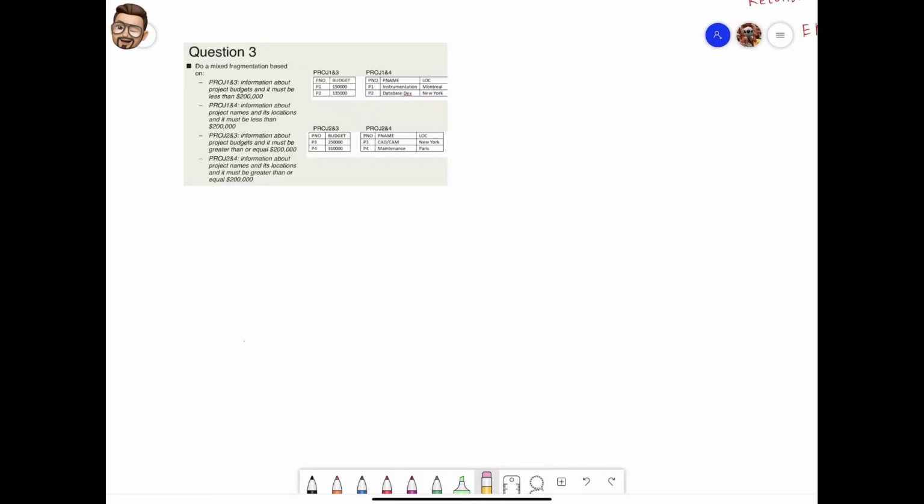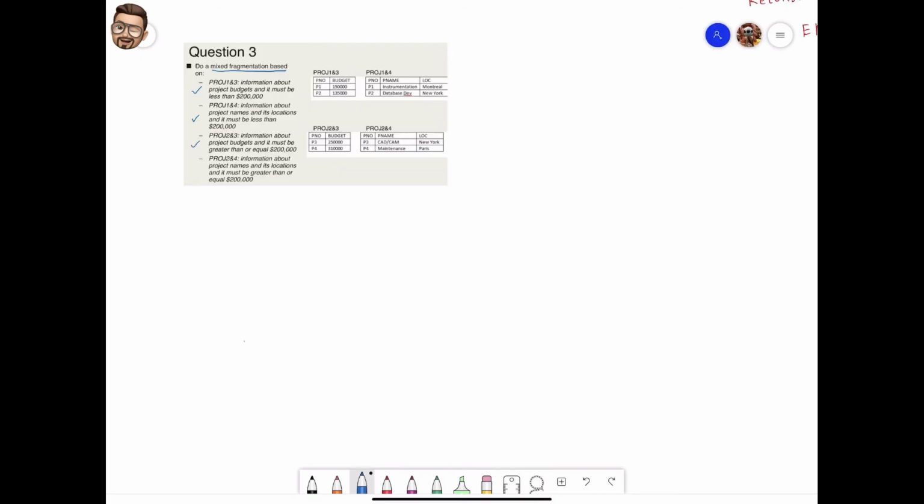In this example, they ask you to do a mixed fragmentation. So if you take a look, you want to do mixed fragmentation based on project 1 and 3, information about project budgets, and it must be less than 200k. Project 1 and 4, information about project names and its location, and it must be less than 200k. And project 2 and 3, information about project budgets, and it must be greater than or equal to 200k.